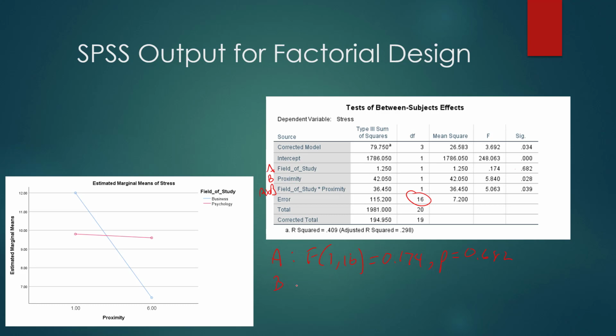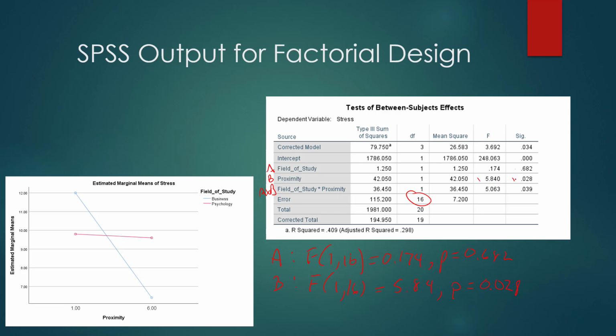For factor B, proximity, same degrees of freedom. Now our F value is 5.84 with a lowercase p equal to 0.028.